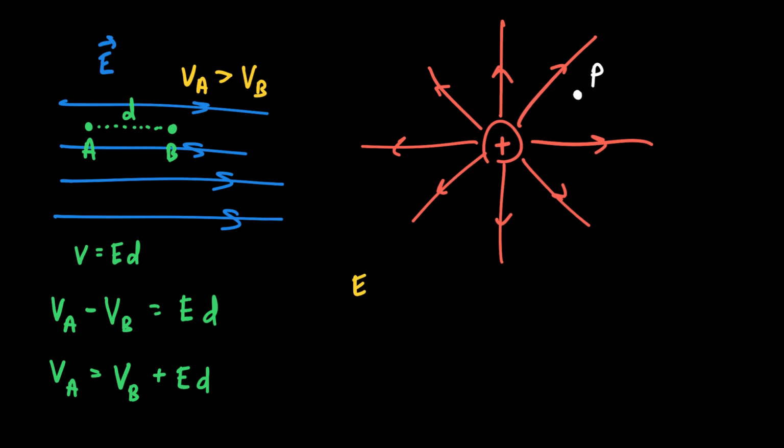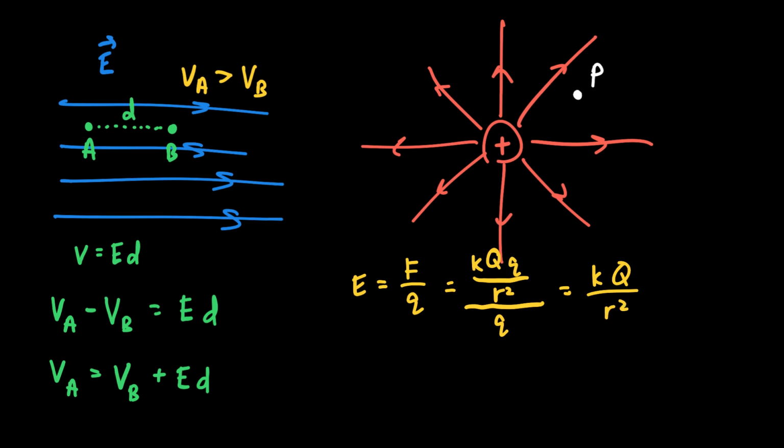Previously, we have said that the electric field is the force per unit charge that exists around a charge. And if the force is K times the magnitude of the source charge, the thing producing the electric field, times the magnitude of the test charge divided by the distance between them squared, and the test charge has a magnitude Q, then the electric field has a strength of K times Q over R squared.